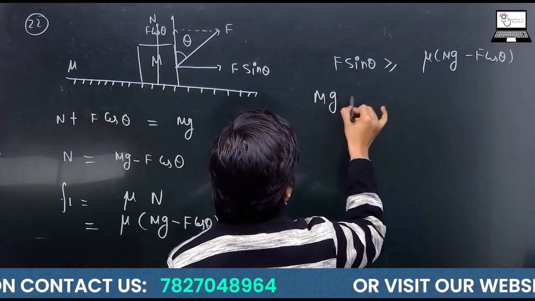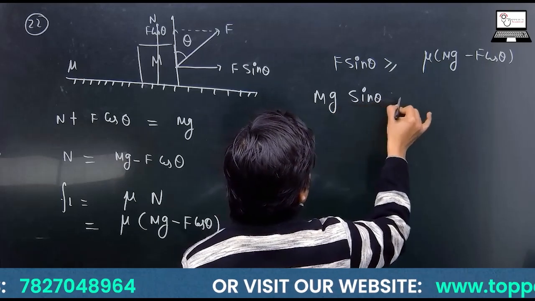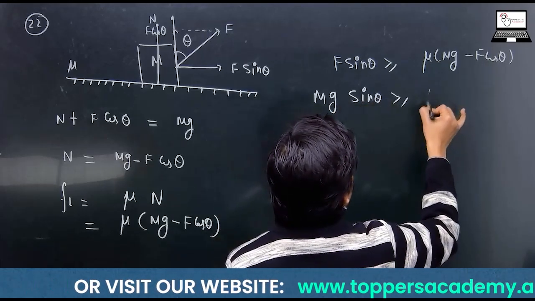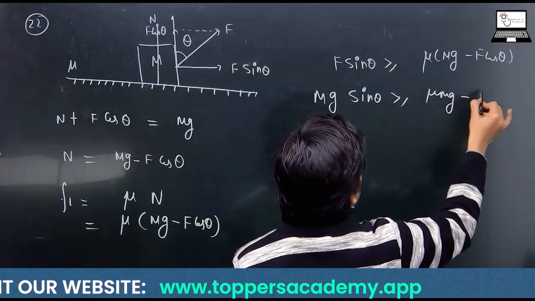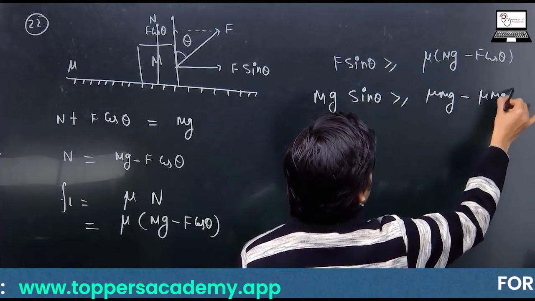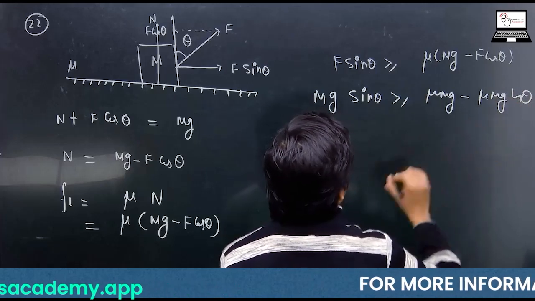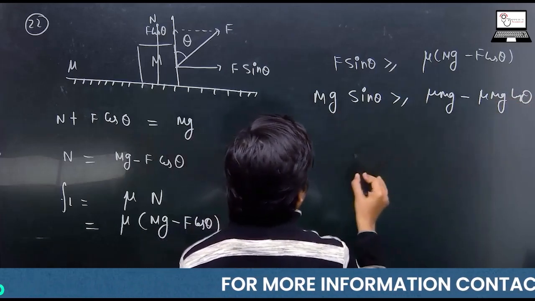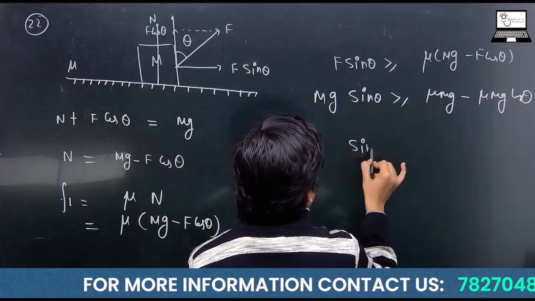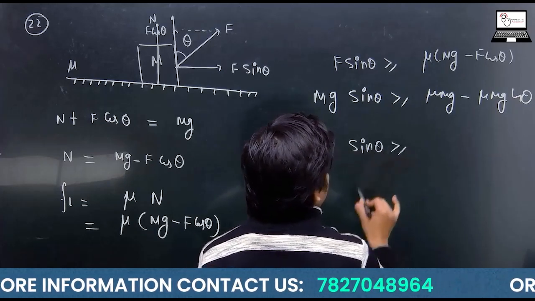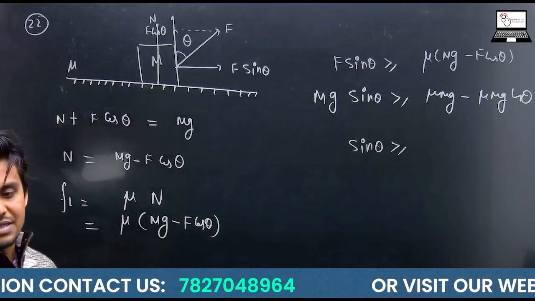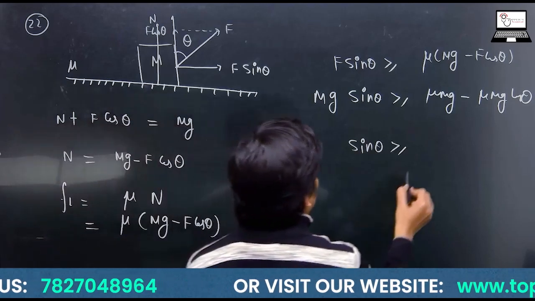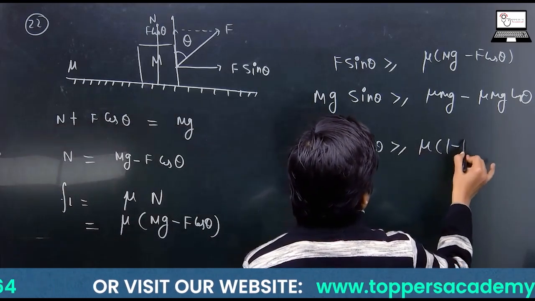So from this equation, we can write that mg sine theta is greater than or equal to mu mg minus mu mg cos theta. mg is common in all of them, so that is cancelled out. We can write that sine theta is greater than or equal to mu into 1 minus cos theta.